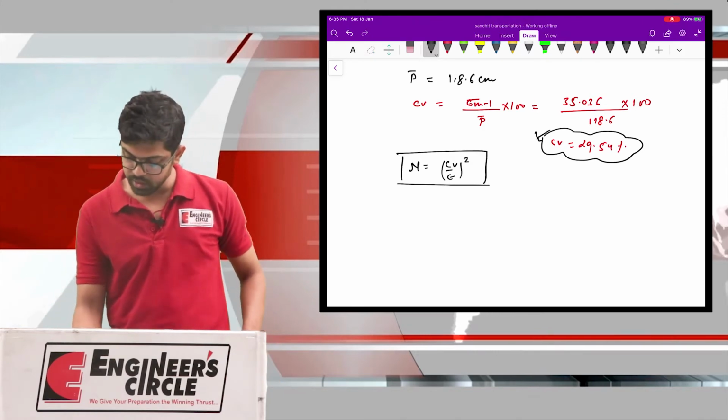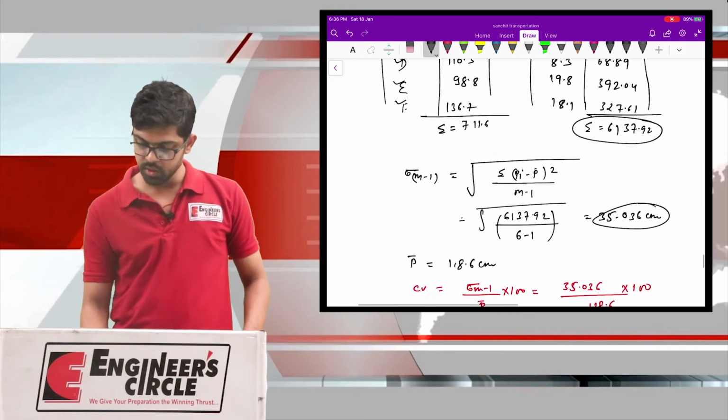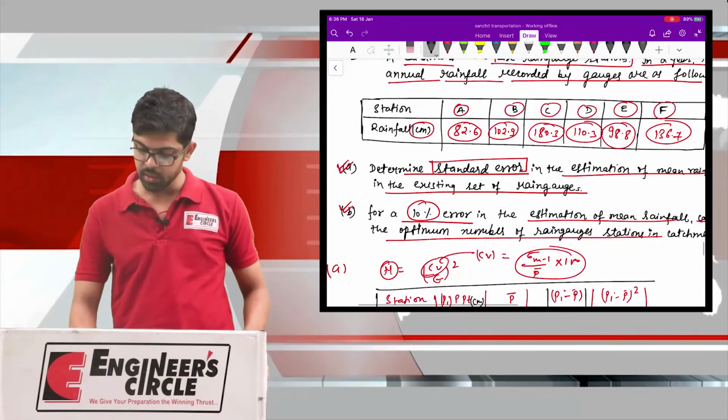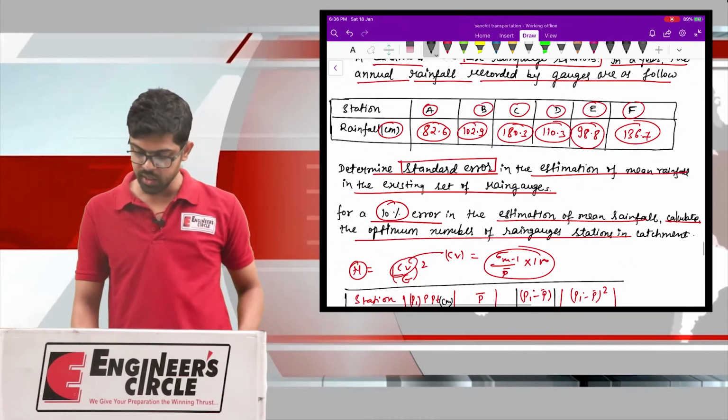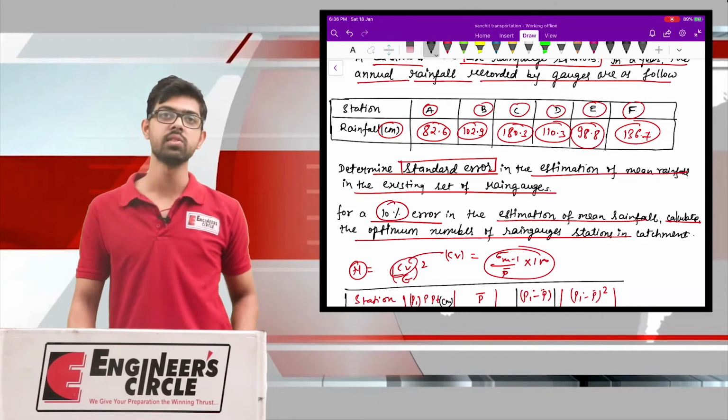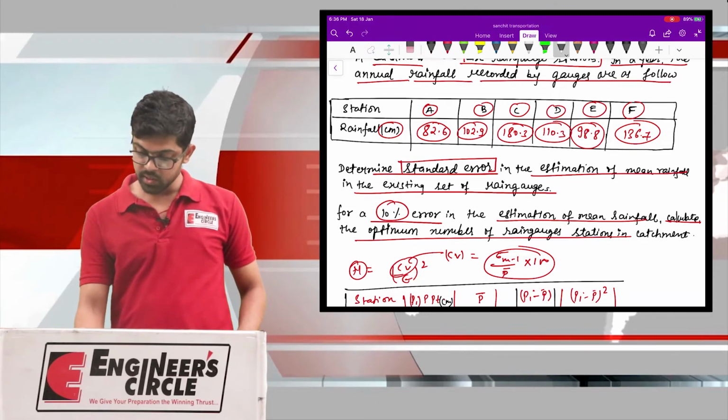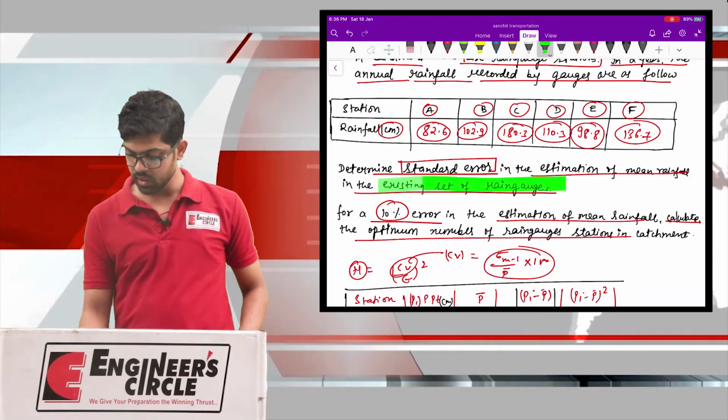So cv we have calculated, and for the first case I need to determine the standard error in the estimation of mean rainfall in the existing set of rain gauge stations.